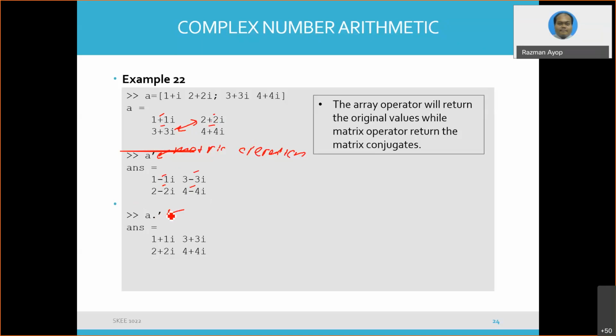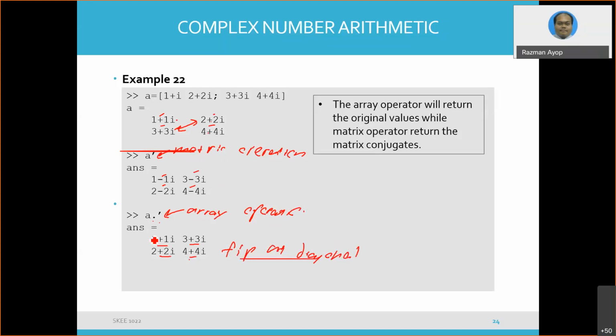But this one is an array operation. For array operation, this remains the same. You just flip it, only flip at the diagonal.